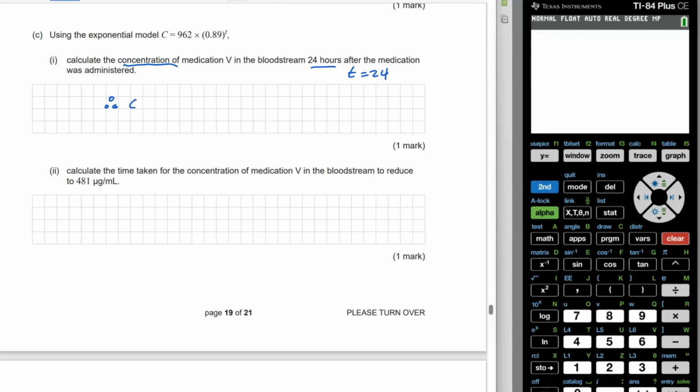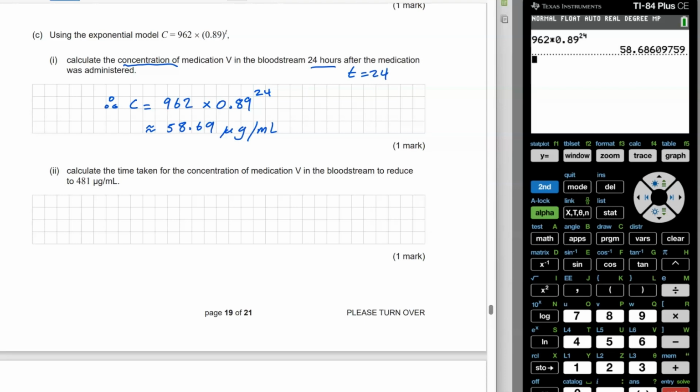So therefore my concentration is equal to 962 times 0.89 to the power of 24. And that's going to equal 58.69 micrograms per mil.